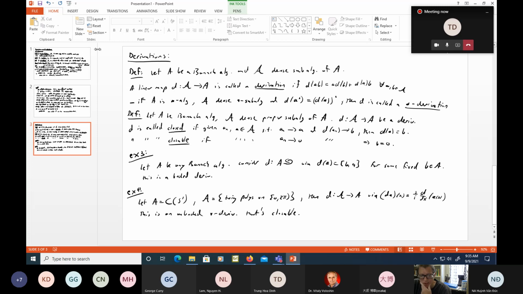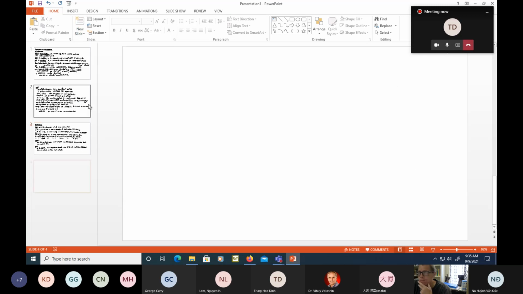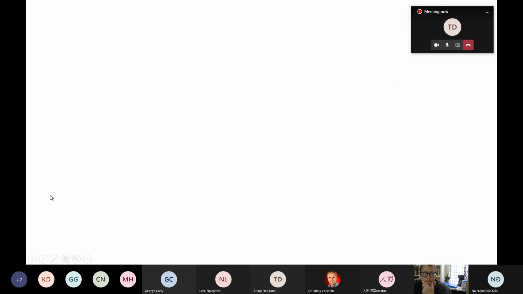So what other example do we have? Well, my final example for now is I'm going to let H be any separable Hilbert space. Another reason I'm doing that is so that I can write down a countable basis.